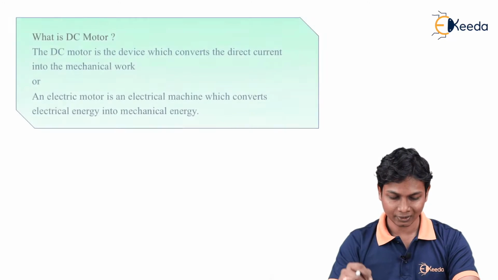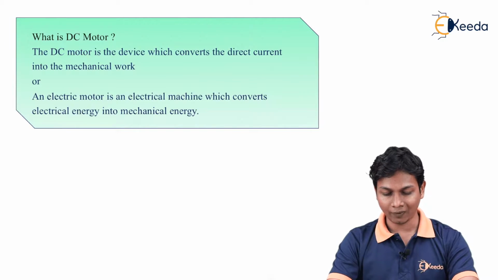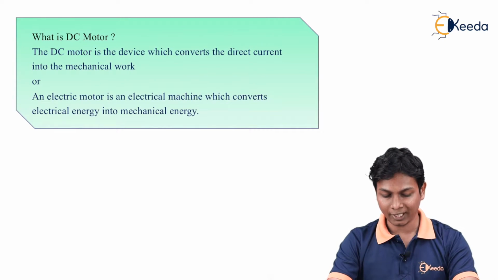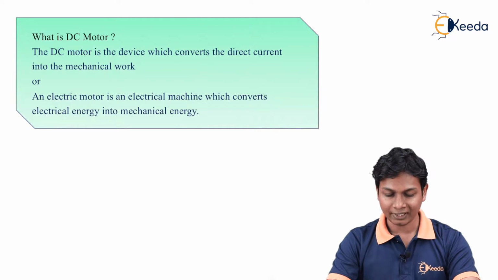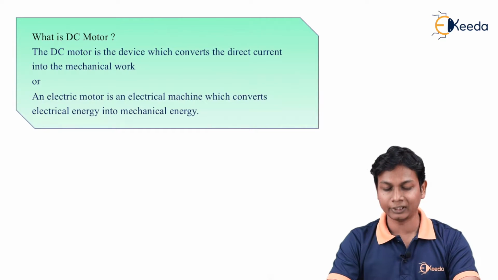So first, what is a DC motor? It is a device that converts direct current into mechanical work, or it can be simply said that an electrical motor is an electrical machine which converts electrical energy into mechanical energy.